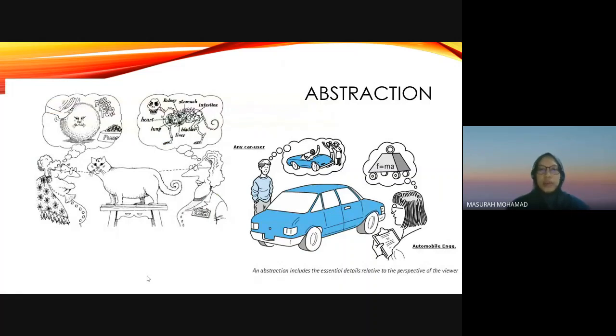So we have two examples here and two objects, a cat and also a car. Different persons will have a different point of view. Such as a cat between two women.